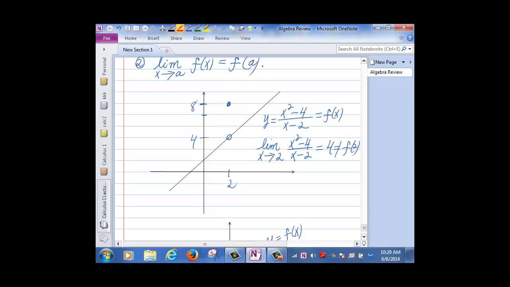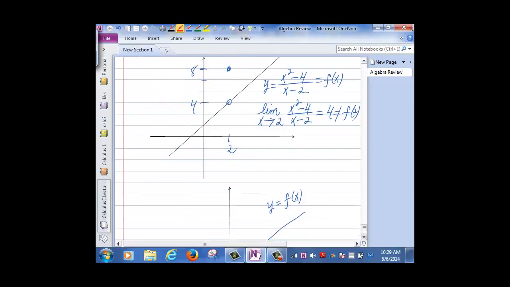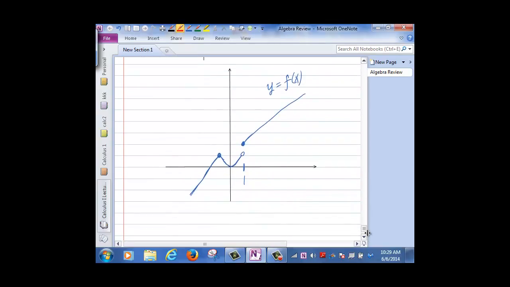But in my second example, the discontinuity that I have is not removable, because no matter how you redefine the function at 1, it cannot become continuous. You guys see that? This is not going to be a removable discontinuity.